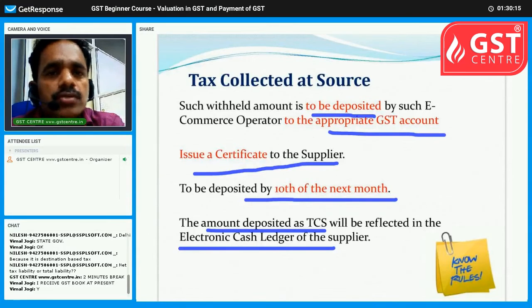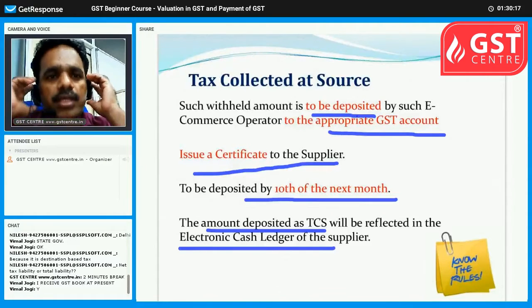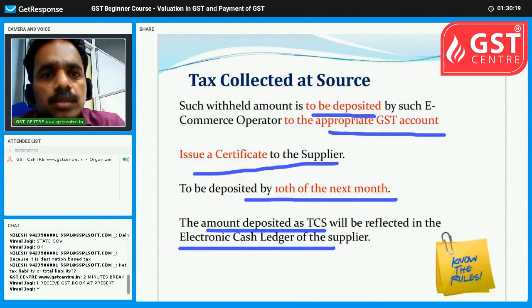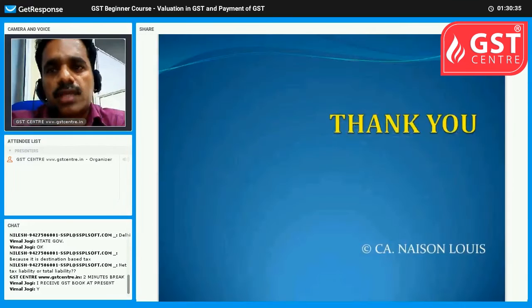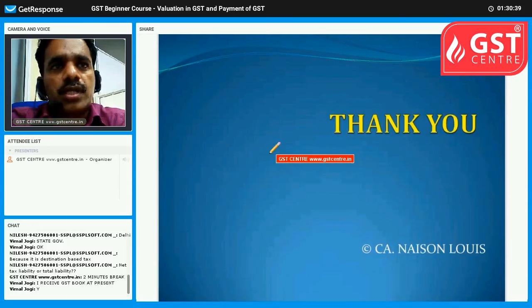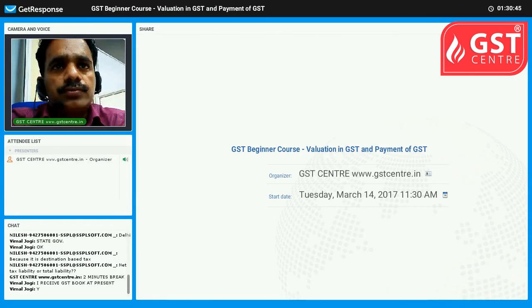Then Amazon should issue a certificate to the Micromax company. It should be issued, I think, within 5 days, and the amount should be deposited before the 10th of the next month, and the amount deposited as TCS will be reflected in the electronic cash ledger of the Micromax company. Okay, so in this chapter we have seen TDS and TCS provisions. TDS is applicable to government undertakings and TCS is applicable to e-commerce operators.